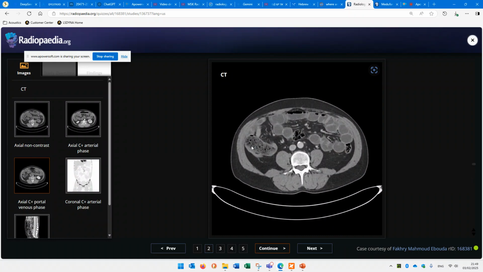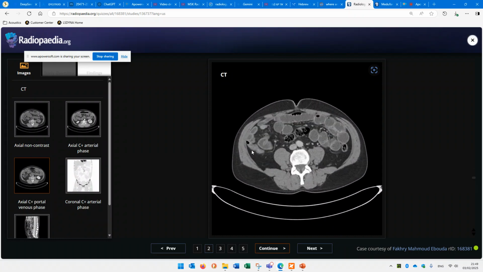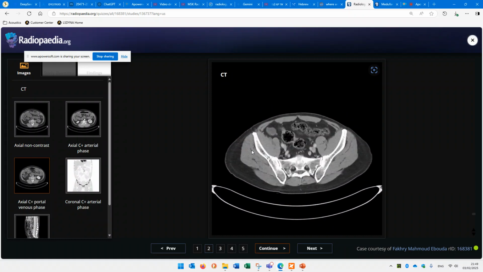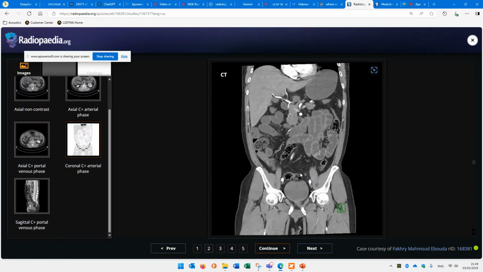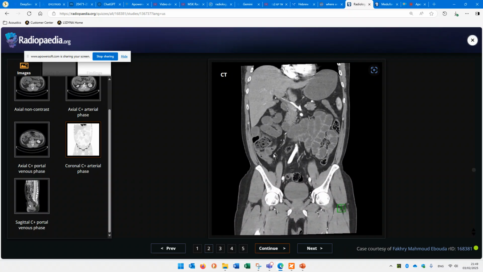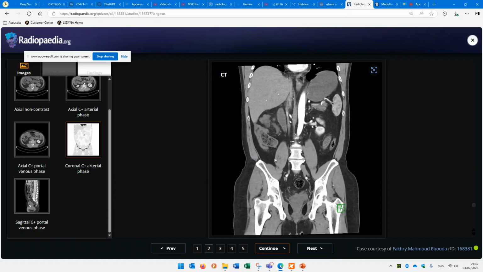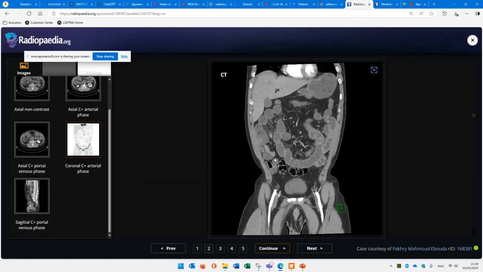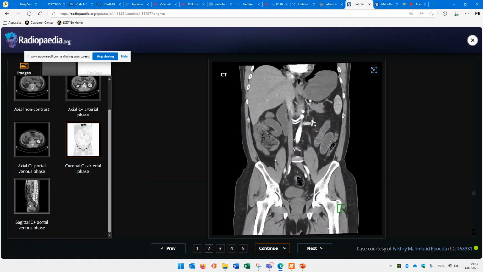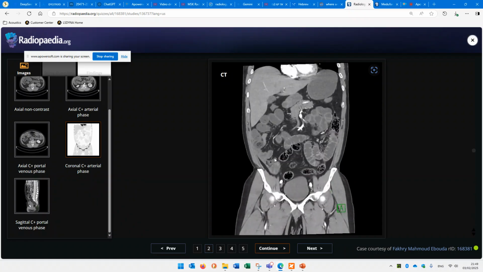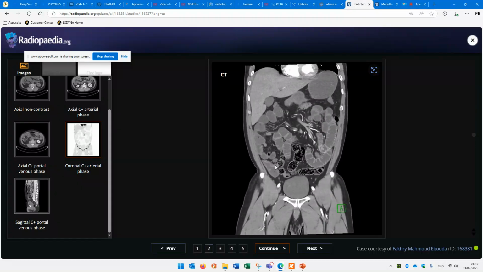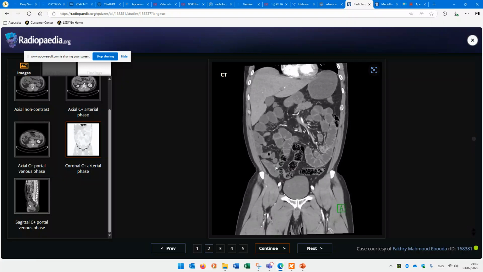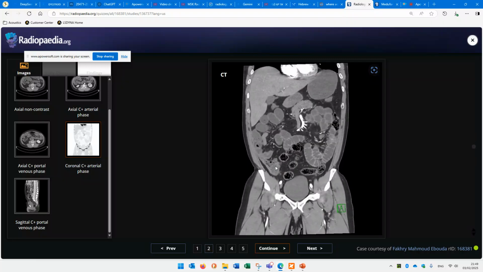This one? Maybe this patient just has an appendicitis? Let's try to look right over here for the appendix. So yeah, right over here. I can't see the appendix quite clearly. Where is it? Where are you?